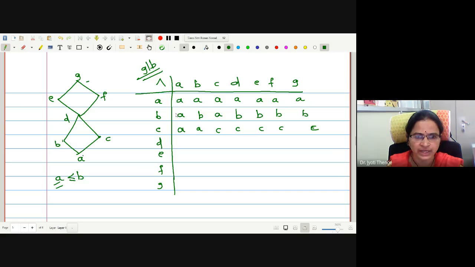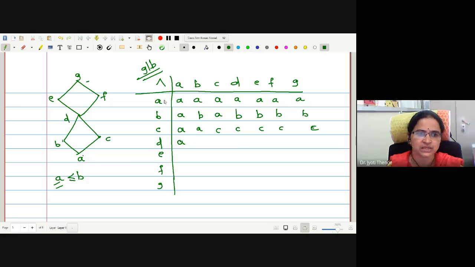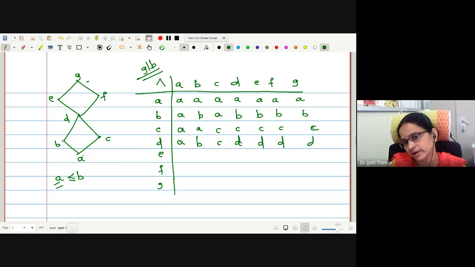Next for D. D and A, lower bound is A. D and B, B. D and C, C. D and D, D. D and E, it's D. D and F, D again. D and G, D again.